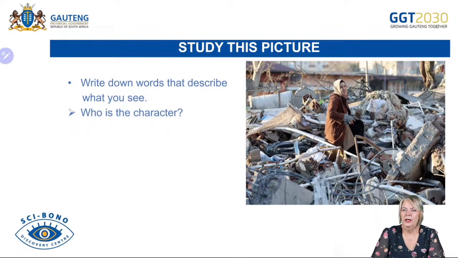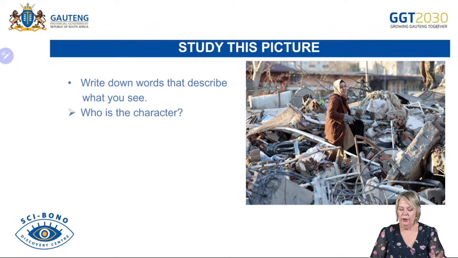Was she working in a factory? Was she somebody who worked in a market? You get to choose who she is, where she comes from, and you create a history for her. And the moment you do that, you create interest.